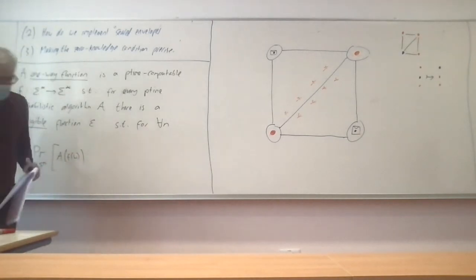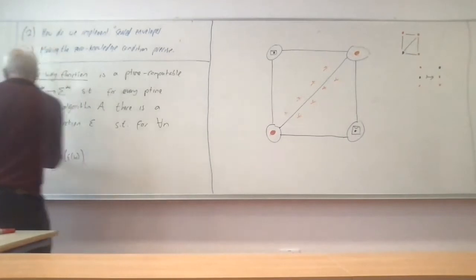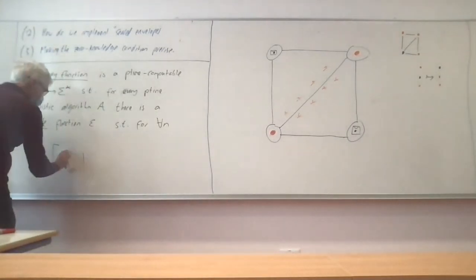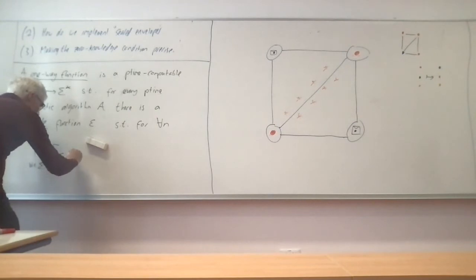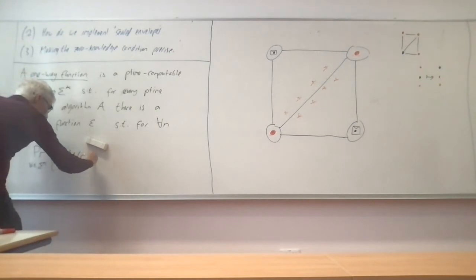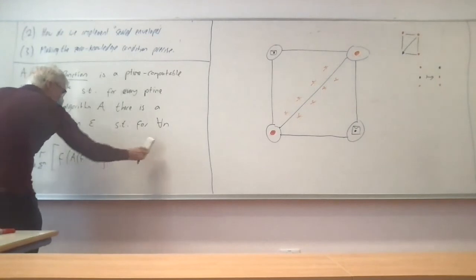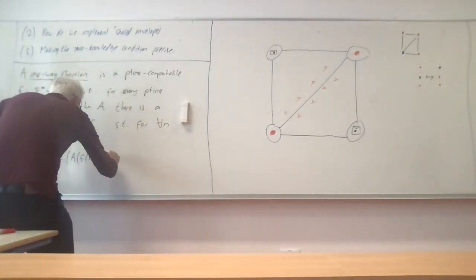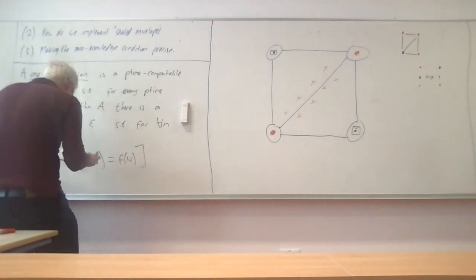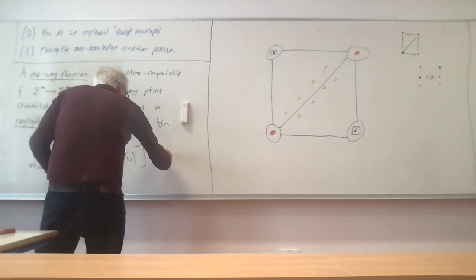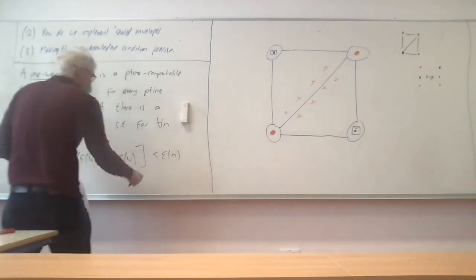The probability that this equals f of W is very small, by which we mean it's less than epsilon of n. So this is giving us sufficiently small probabilities.